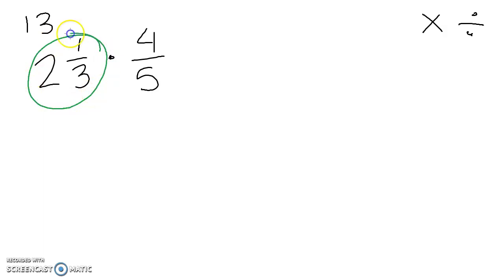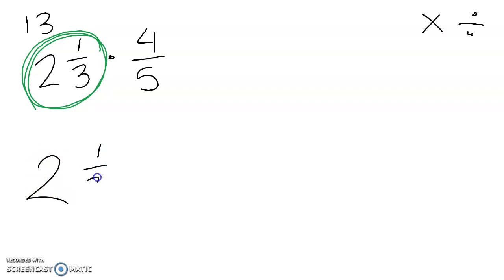Last but not least, part H. We have a 2 1/3 times a 4/5. Now, remember when we were talking about mixed numbers the other day, that we cannot do anything until this mixed number is changed into an improper fraction. So mixed numbers are really only for answers to make them look pretty.